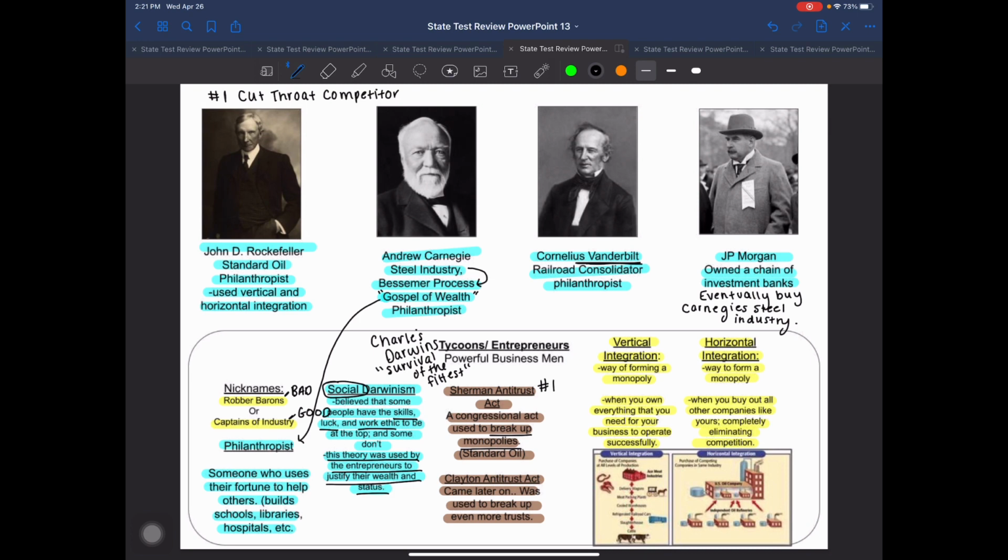It made a lot of things that they did illegal. And one of the companies that gets broken up with this law is Standard Oil. They are actually going to force Rockefeller to sell off parts of his company.